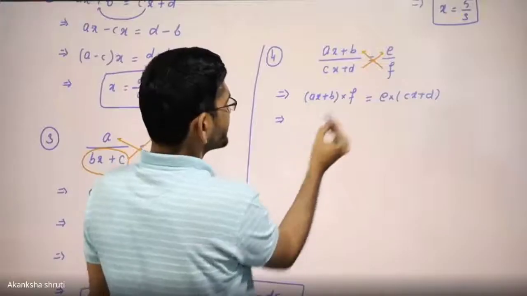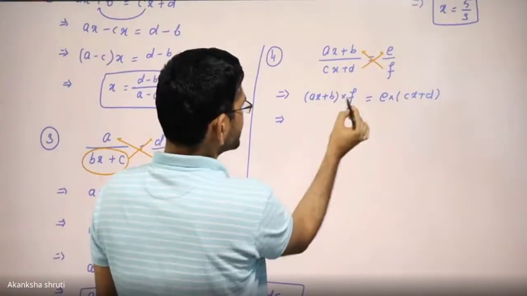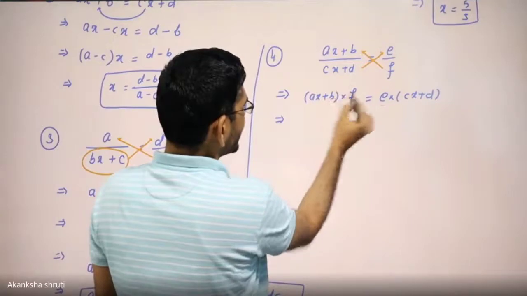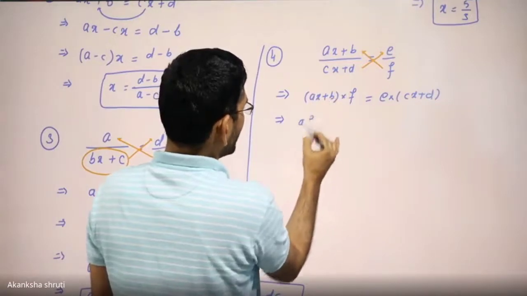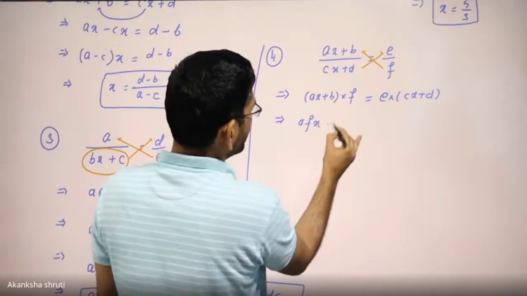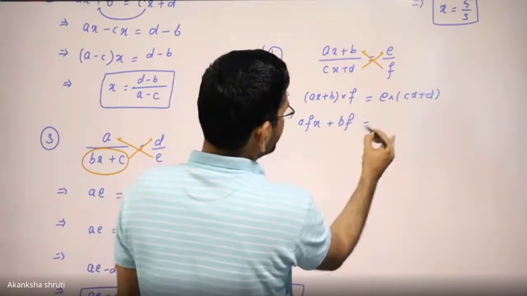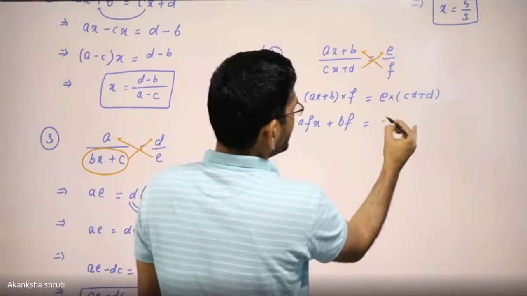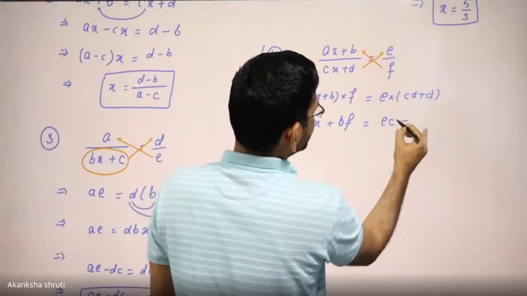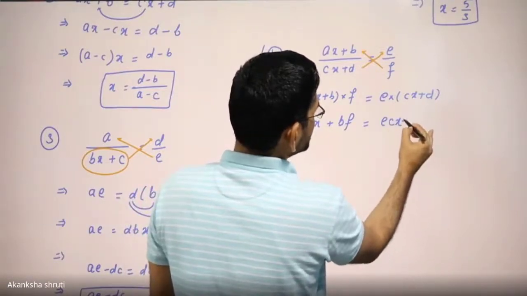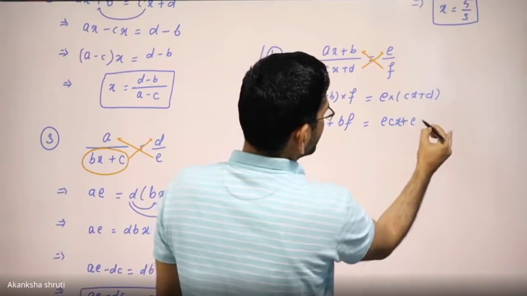Therefore, we can write this product as: the constants get multiplied, afx plus b into f, is equal to ec into x plus ed.